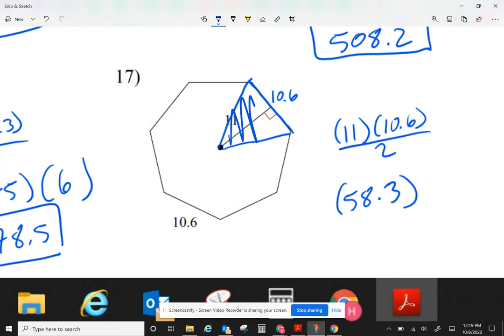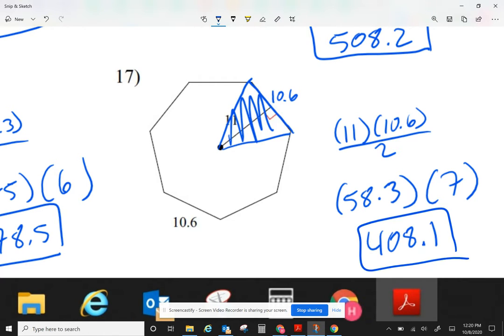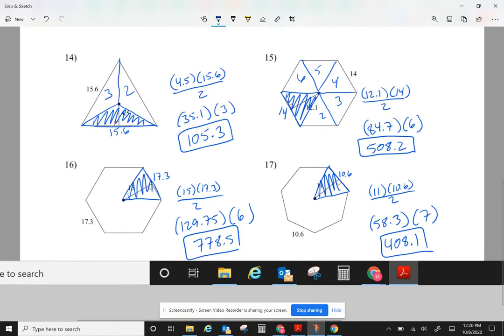That is just one triangle. I'm going to multiply this by 7. There are 7 sides in this figure, so I can come up with 7 triangles. So 58.3 times 7, and my result should be 408.1.